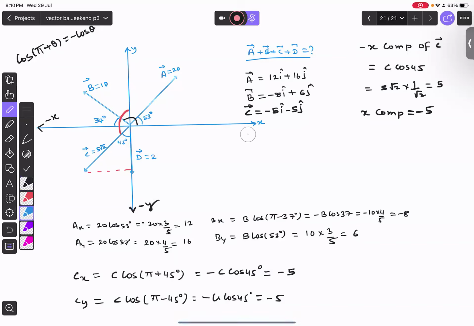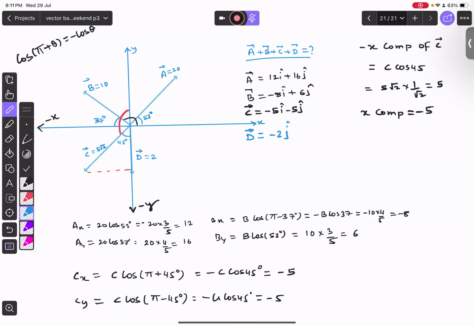Vector D is easy. It is lying entirely along which direction? Along minus y. So its x component, if I ask you what it will be, is 0, because it's not doing anything along x. And its y component will be negative, because it is acting along minus y. So the answer for D will be minus 2 j cap.